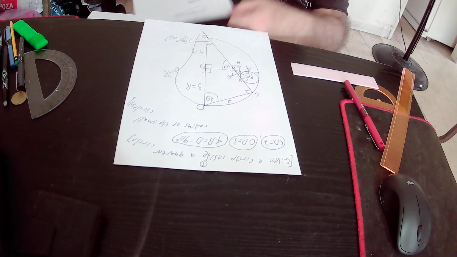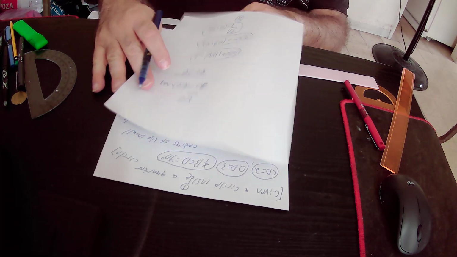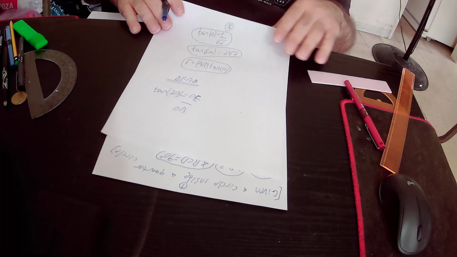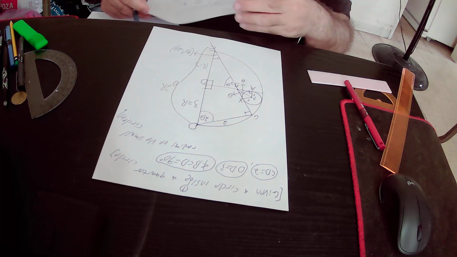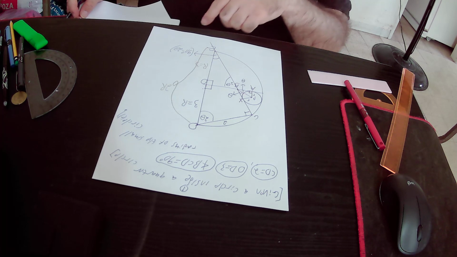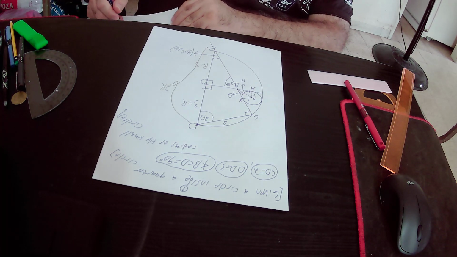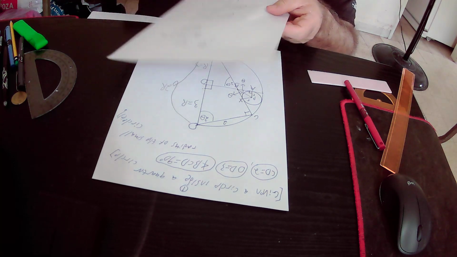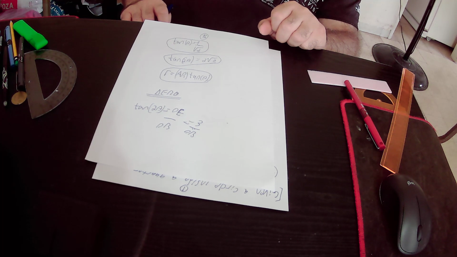Okay, in the right triangle OBE, tangent theta equals OE over OB. But what is the value of OE? OE equals 3 units. So it is 3 over OB. So we got that tangent theta equals 3 over OB.